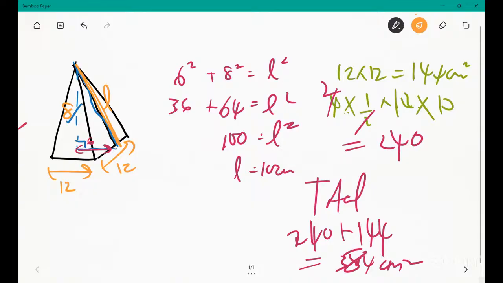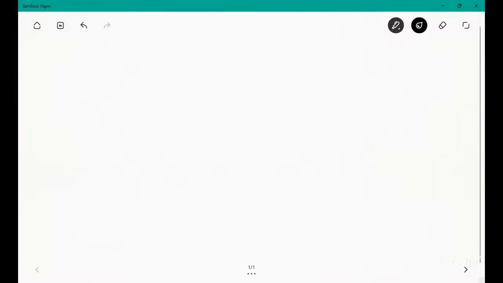Okay. So then I'll jump into the volume of the same shape. So the volume is going to be, okay. So here this is a comparison base for the pyramid.